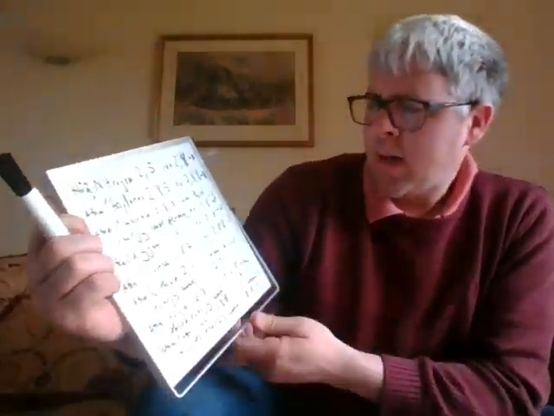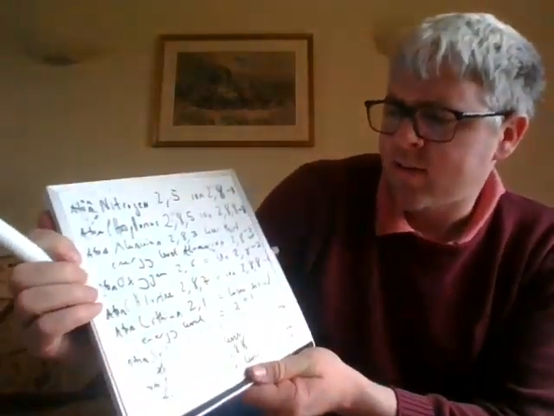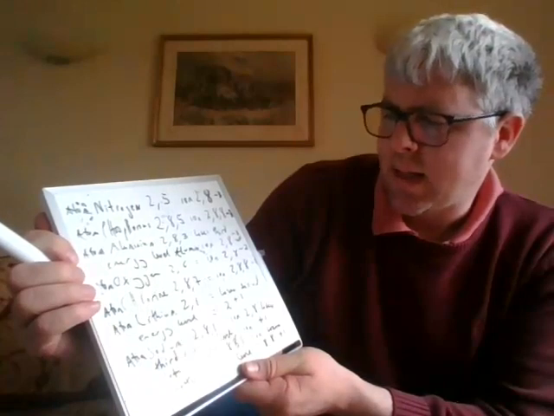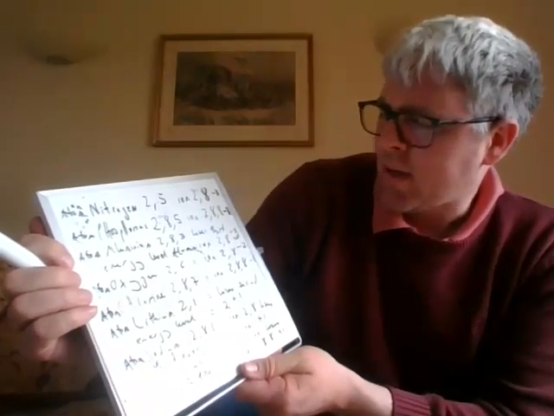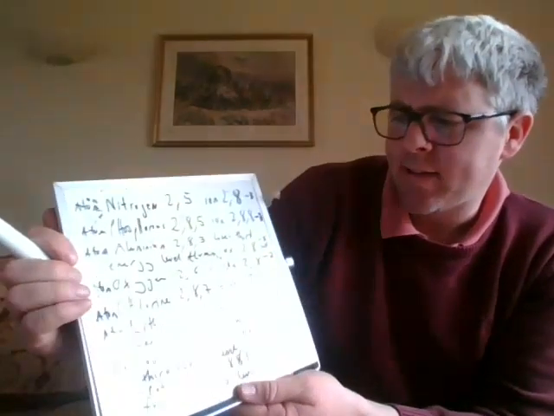So oxygen here. That's 2,6. The atom is 2,6 in its energy levels, and the ion is 2,8. So it's gained 2 electrons and it's got a 2- charge. And then chlorine here, the atom is 2,8,7. So the ion then is 2,8,8.